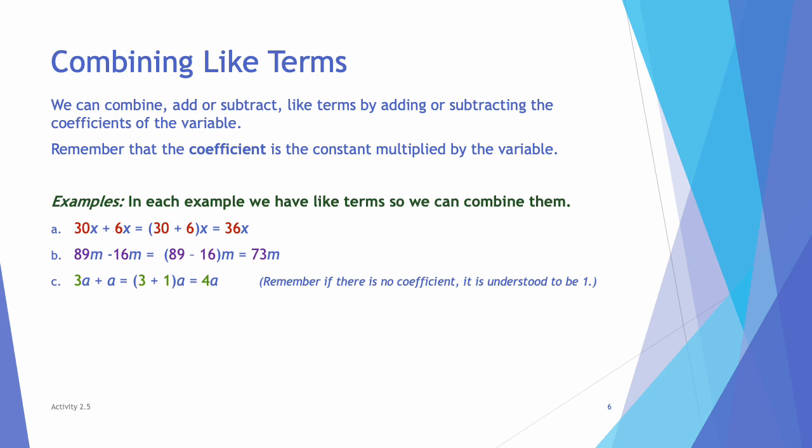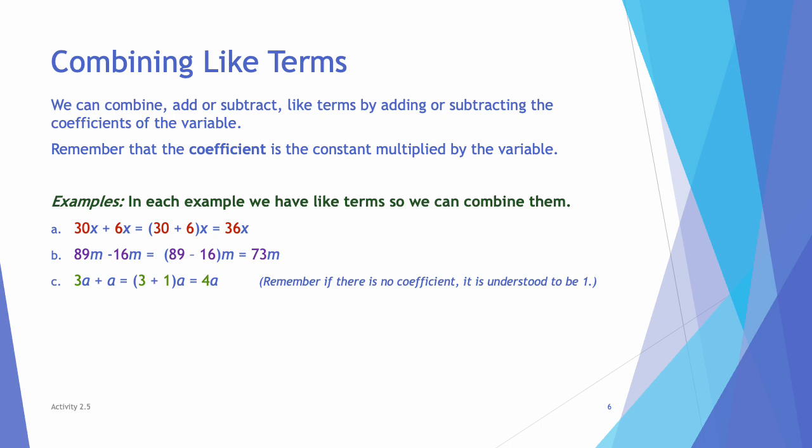If I have 89m minus 16m, I subtract the coefficients 89 minus 16, which is 73, and then I add the variable m. If I'm adding 3a plus a, I'm adding 3 plus 1, which makes it 4a. Remember that if there is no coefficient present, it is understood to be 1.